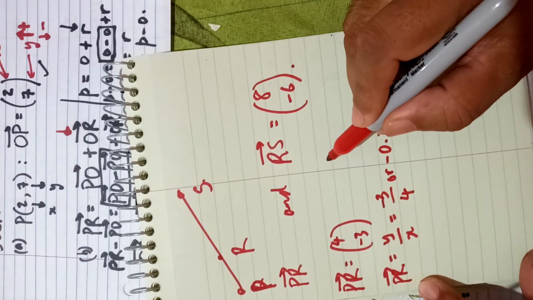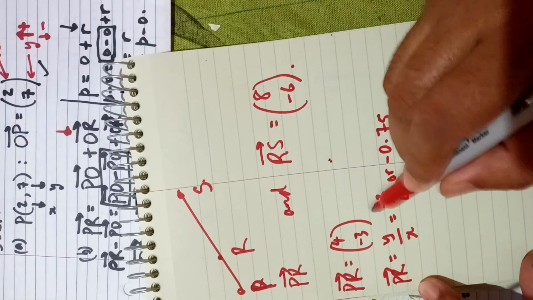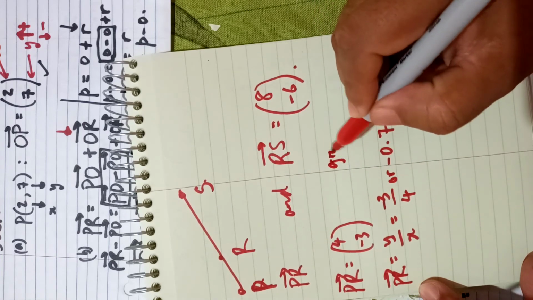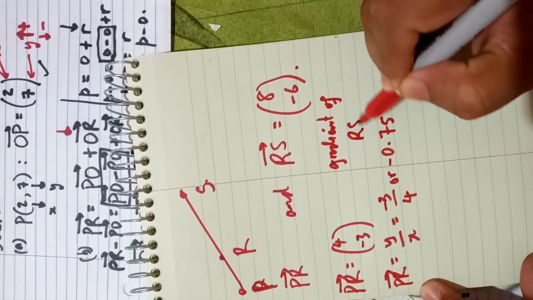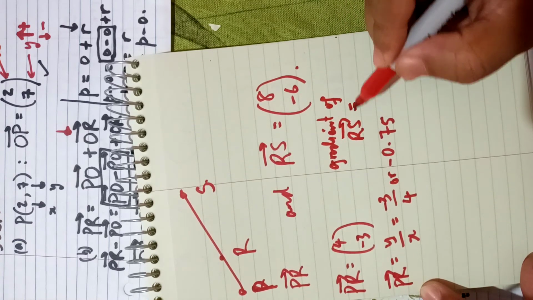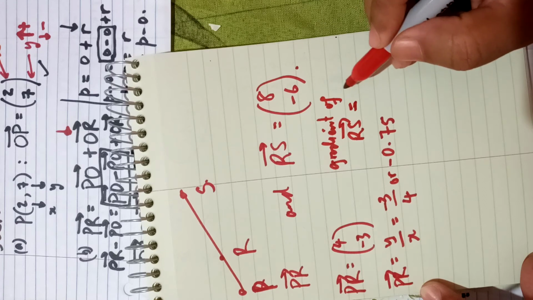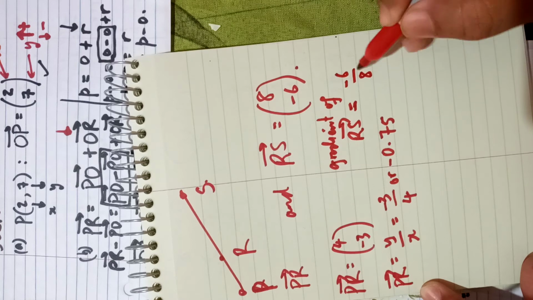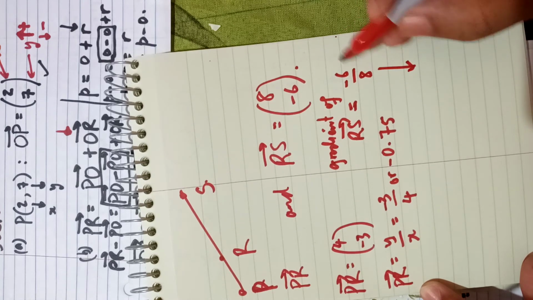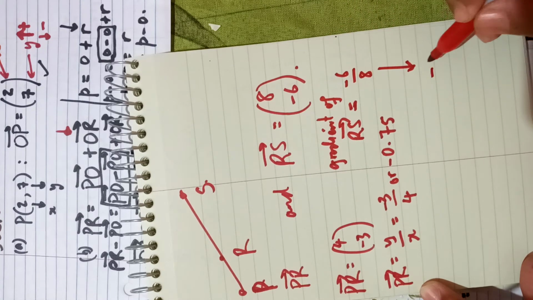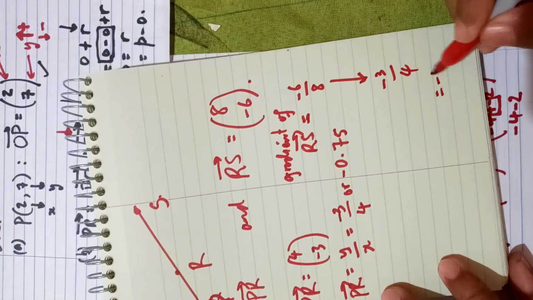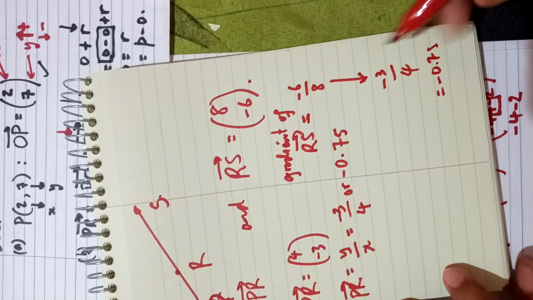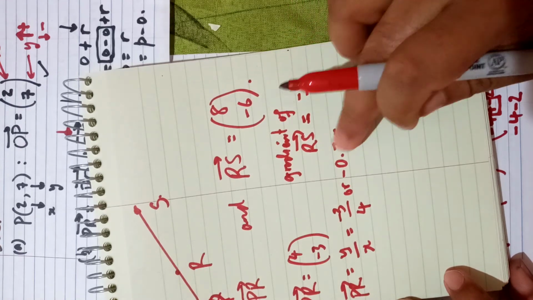Let's find the gradient of RS. The gradient of RS would have been y over x, and the y would have been negative 6 over 8. What do you notice? When you reduce that fraction, you get negative 3 over 4. You actually get the same thing, negative 0.75. So these two gradients are the same.